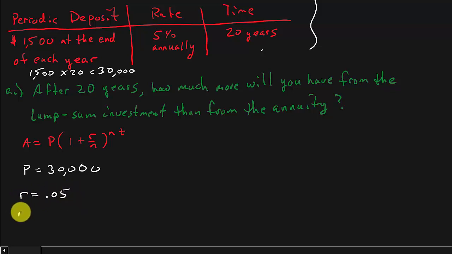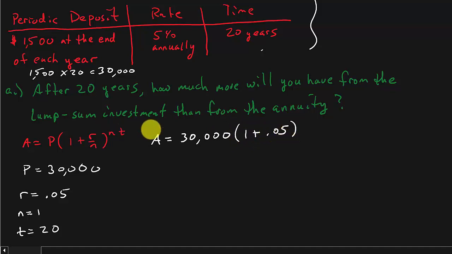N, that's compounded annually, so 1. T is 20 years, so that's 20. So I get A is equal to 30,000 times (1 plus 0.05) raised to the 20.